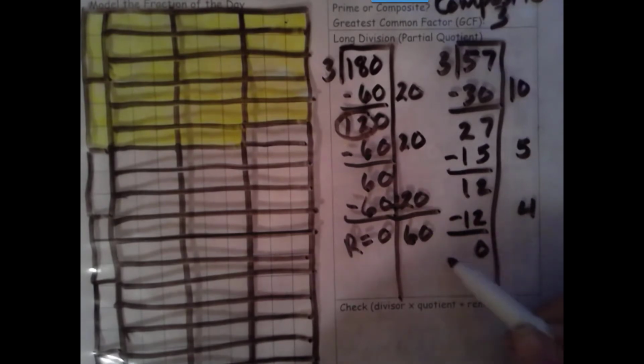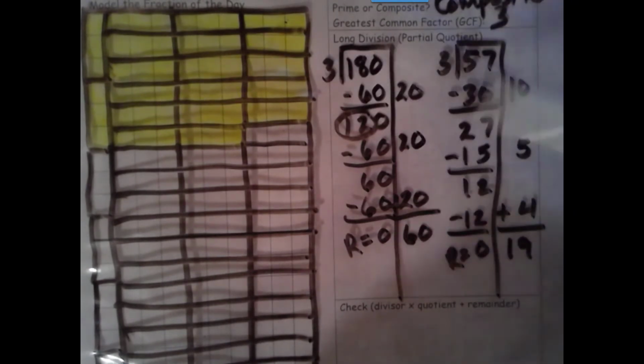Numbers the same, 0 is the game. Now you may have already known that 9 times 3 is 27, and you could have just had a 9 here. But just in case you didn't, you can use the factors you do know. I know 5s, I know 10s. Use what you do know to get to the answer. 10 plus 5 is 15, plus 4 more is 19.